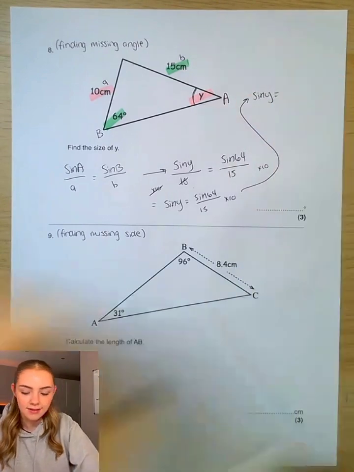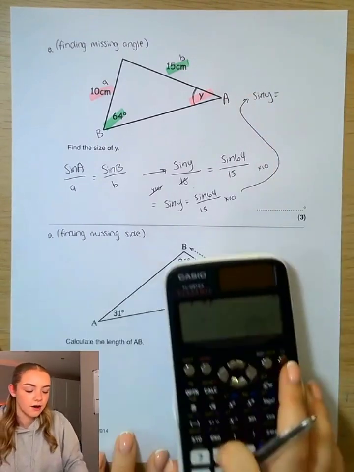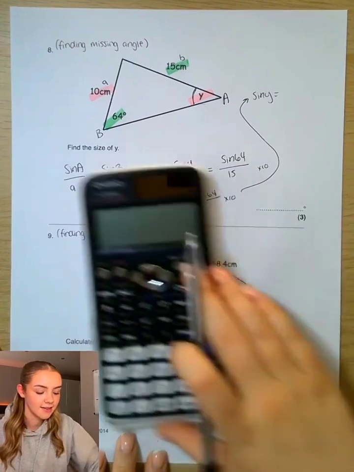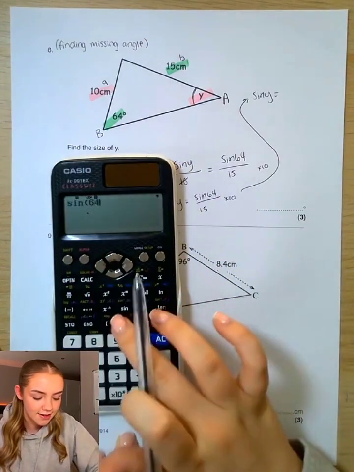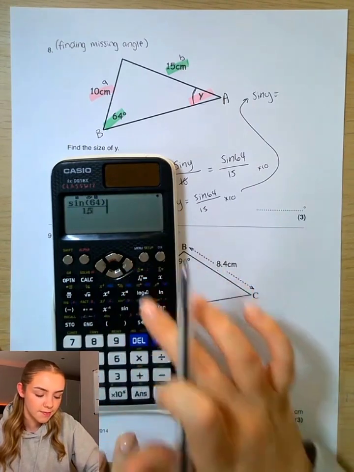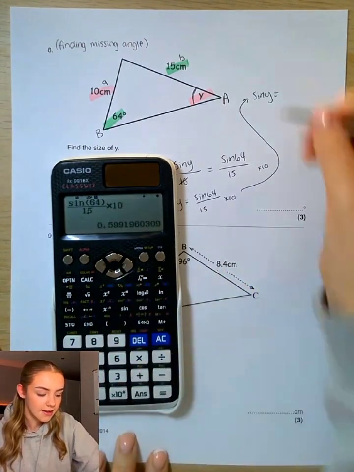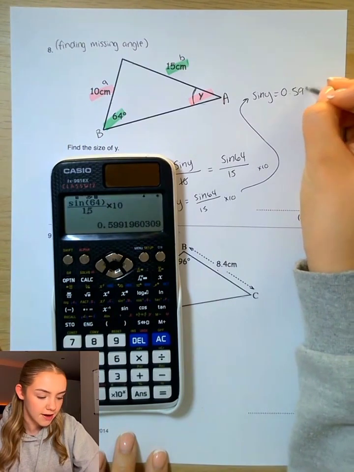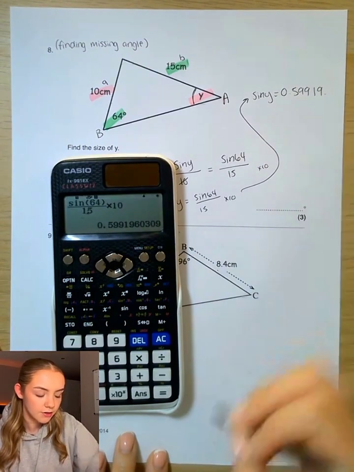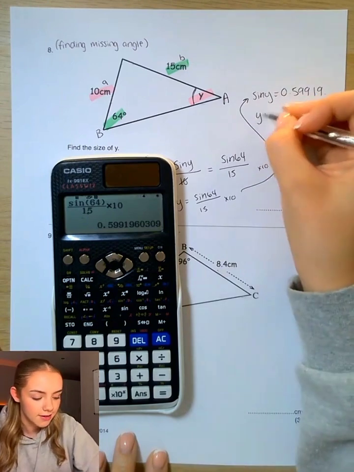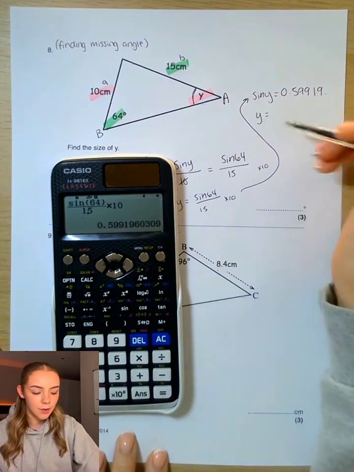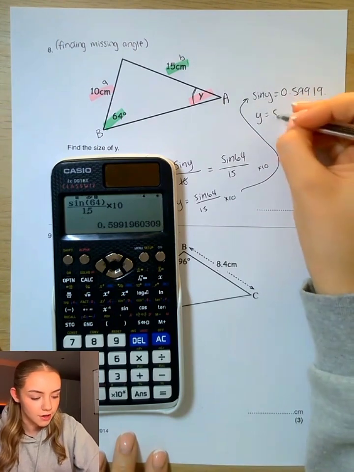So sine y is equal to, we type all that on our right hand side into the calculator. So that's sine 64 divided by 15 times by 10 gives us 0.59919, so on. We keep that number in our calculator. To find angle y, well, to get rid of sine, we need to do inverse sine.